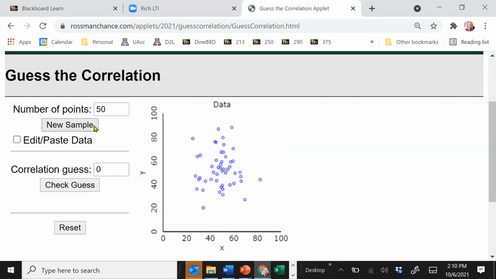Let's do another one. All right, let's take this awkward one. What do we think? So put down what your guess is. Let's get a few guesses out here. Don't forget to put positive or negative.